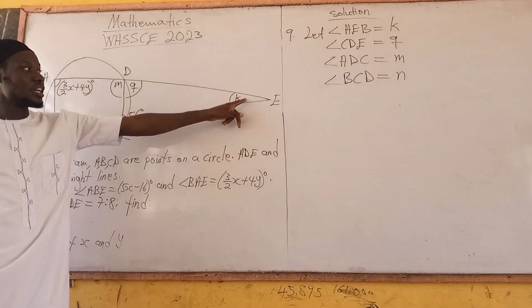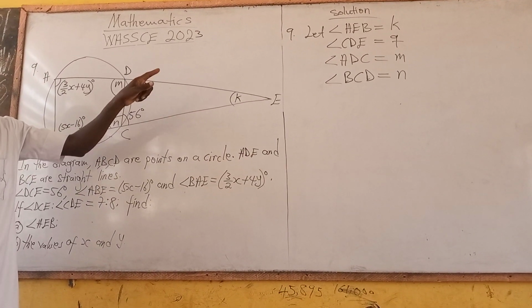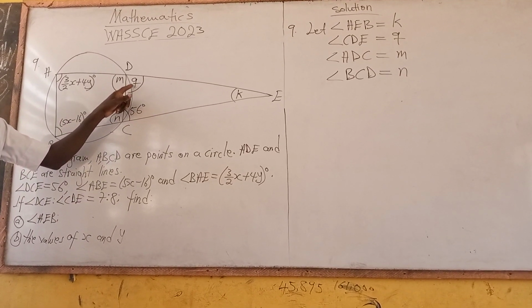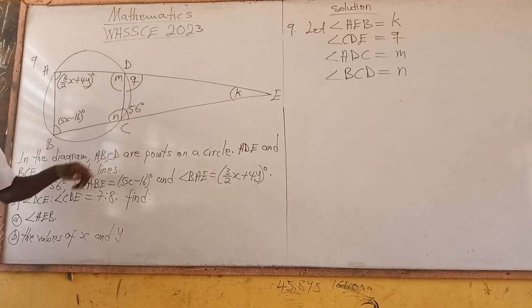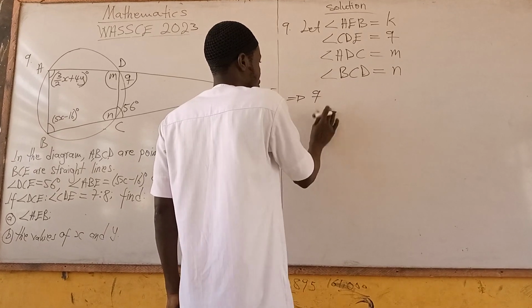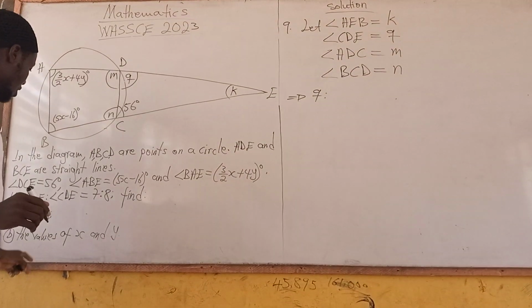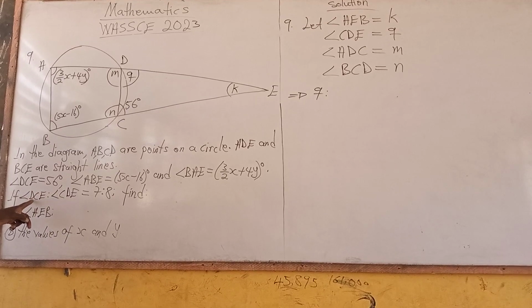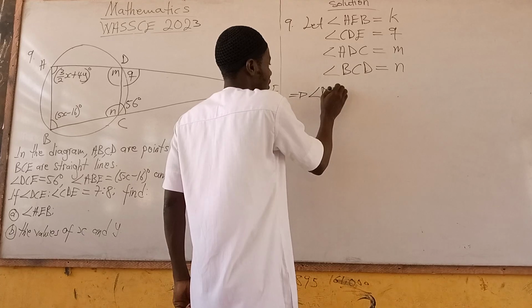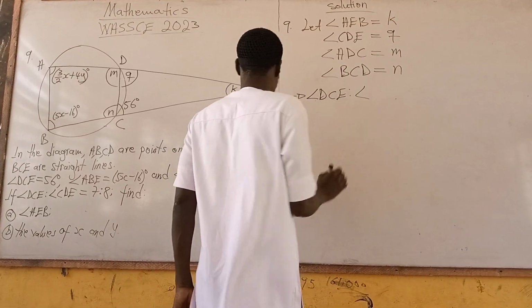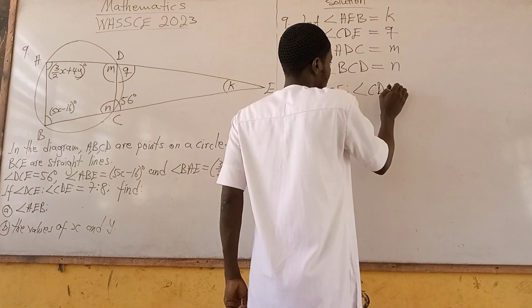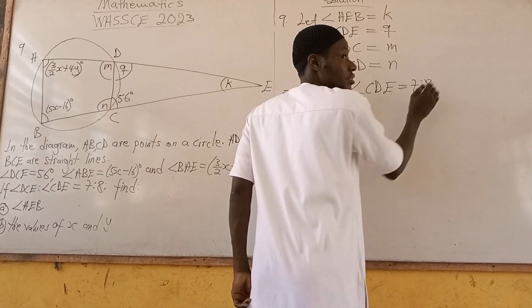Now we are looking for this angle, and we need this angle to find that. They have given the ratio of this angle to this angle to be 7:8. So that's the first thing that we'll do. We'll use the ratio given to find angle Q. The ratio of angle DCE to angle CDE is 7:8.